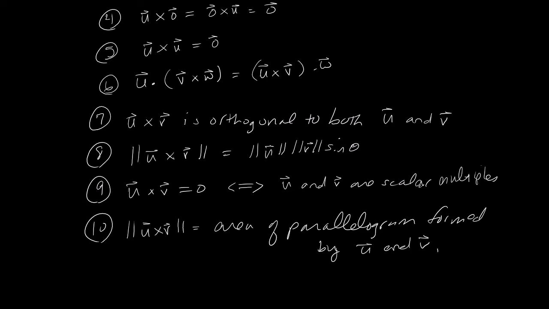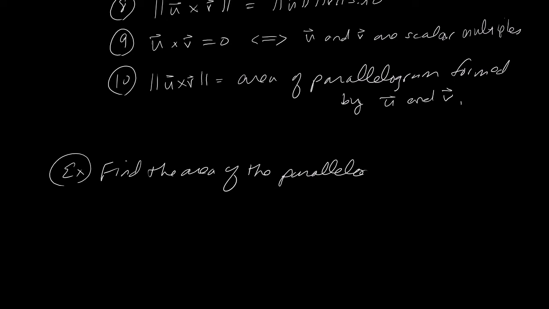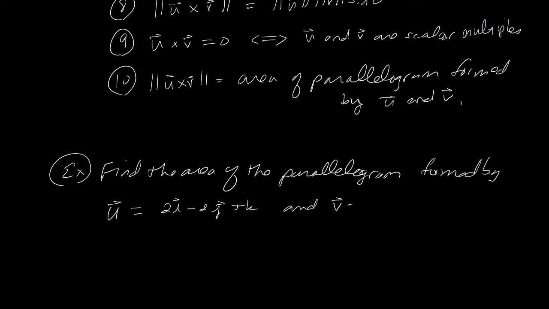So let's go ahead and do another cross product example. Let's go ahead and find the area of the parallelogram formed by u equal to 2i minus 2j plus k, and v equal to 3i minus j.